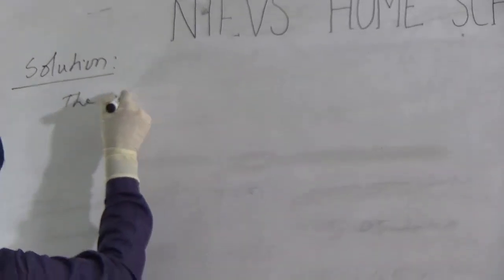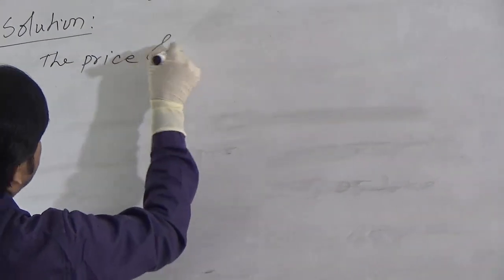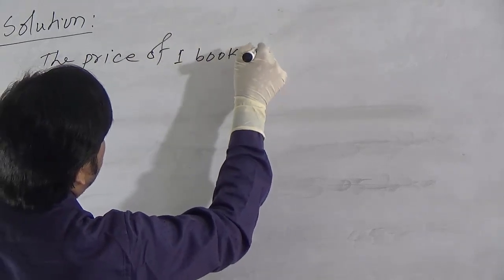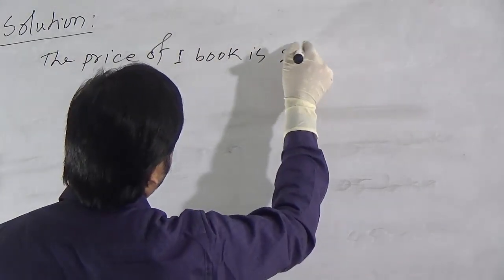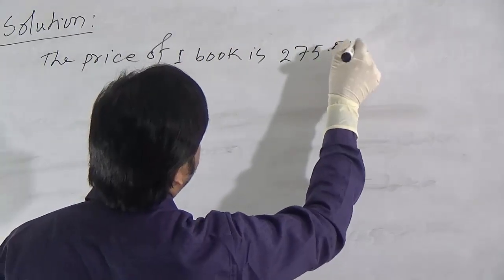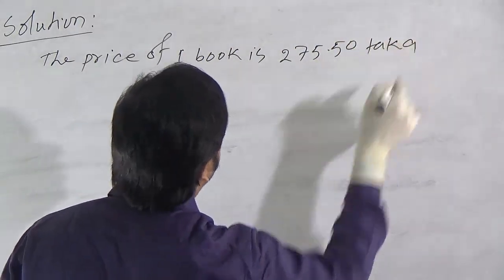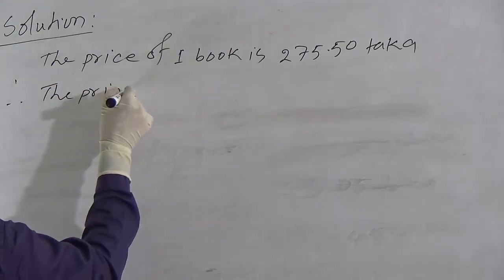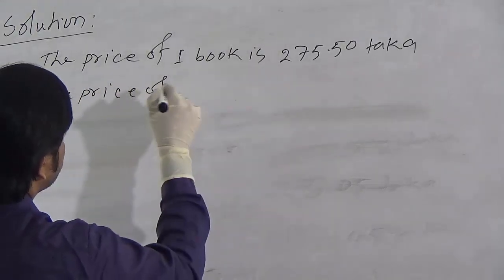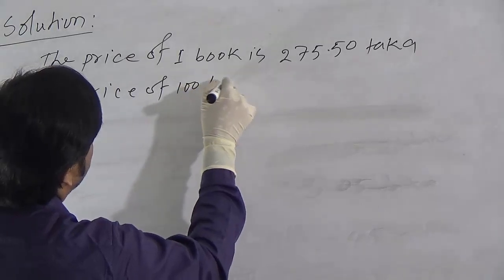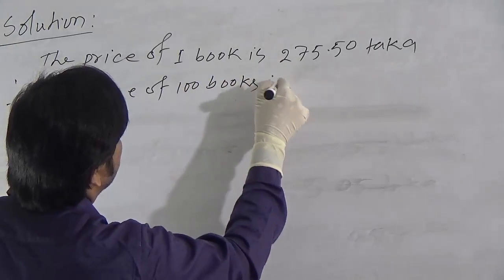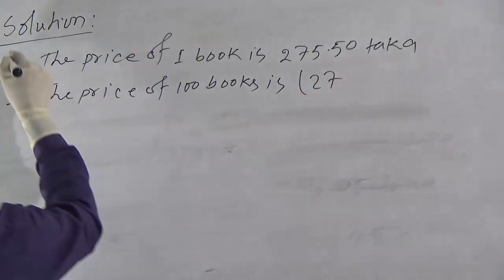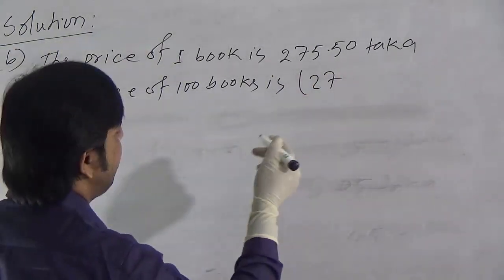The price of one book is 275.50 taka. Therefore, the price of 100 books is, we have to multiply.